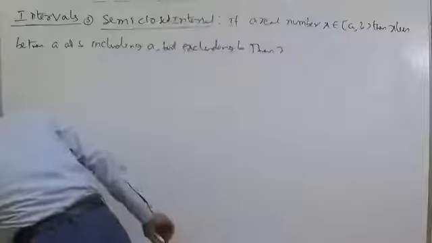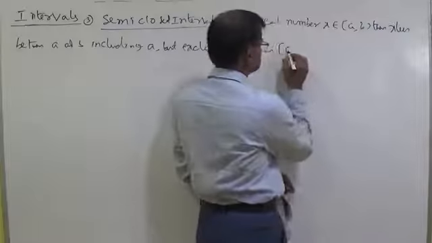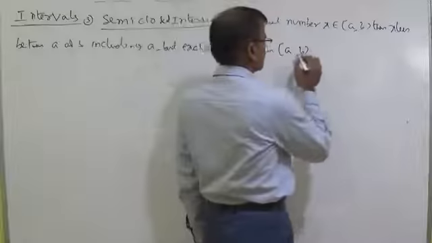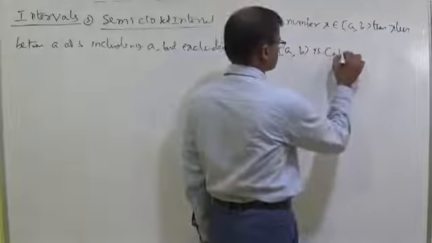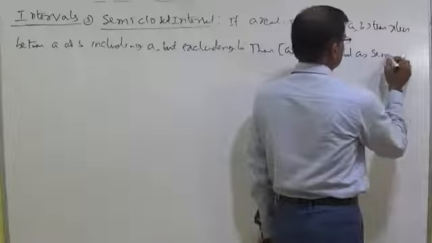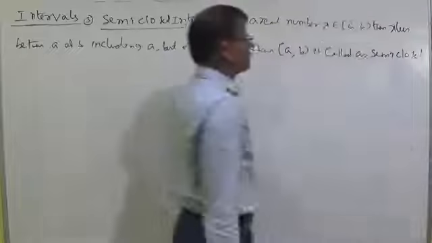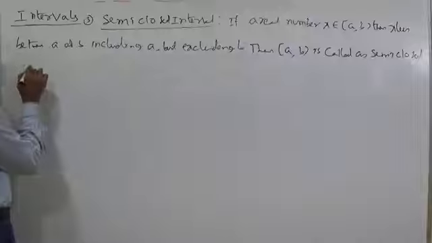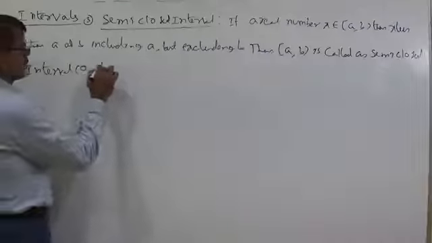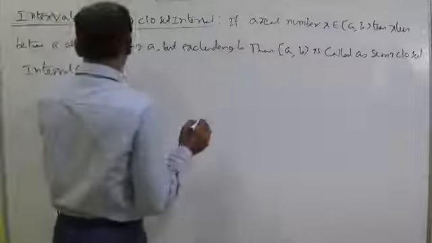like this, closed interval, semi-closed. You can notate this one as semi, meaning this is yes, this is no. This is a closed bracket and this is an open bracket. [a, b) is called a semi-closed interval, or another method, you can say left closed right open interval.